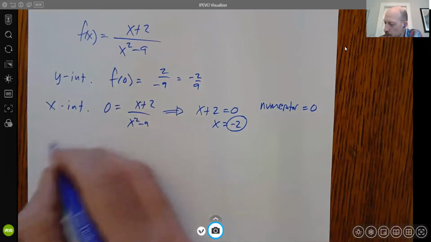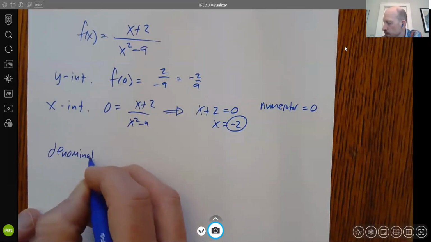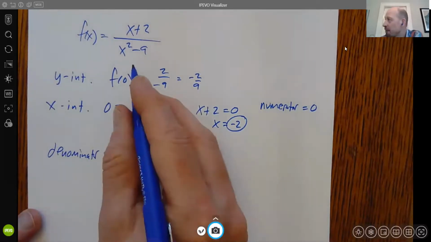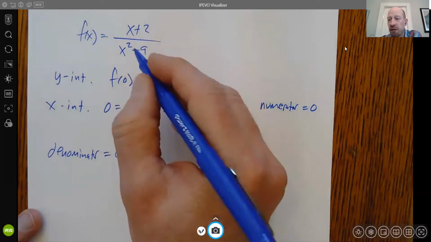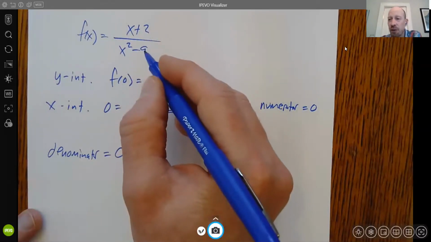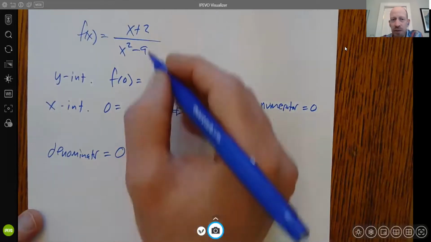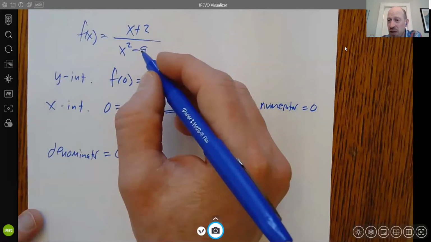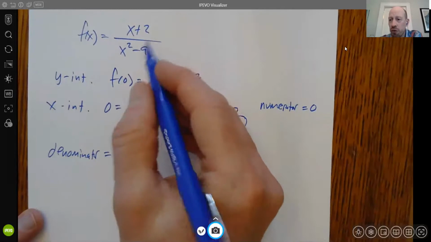Let's talk about the denominator now. So where the denominator equals 0 is going to make this expression undefined, right? I can't evaluate it when the bottom is 0 because it's undefined, so the function doesn't exist there. But what's happening is, as the numbers get really close to 0 in the bottom, that makes the expression go to infinity, right?